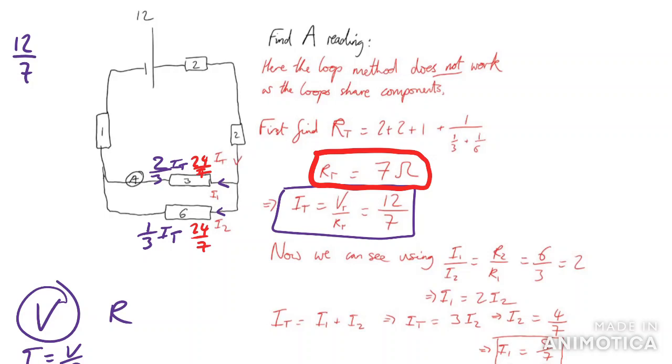And now we can just use V over R to find I. So I1 is equal to 24 over 7 divided by 3, which is 8 over 7, which is the same answer you got using the current divider method. So lots of different ways of doing it. Use whichever one you're more comfortable with.